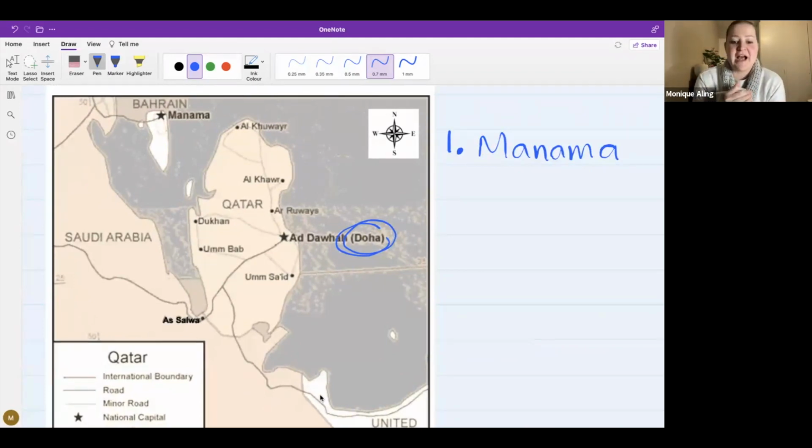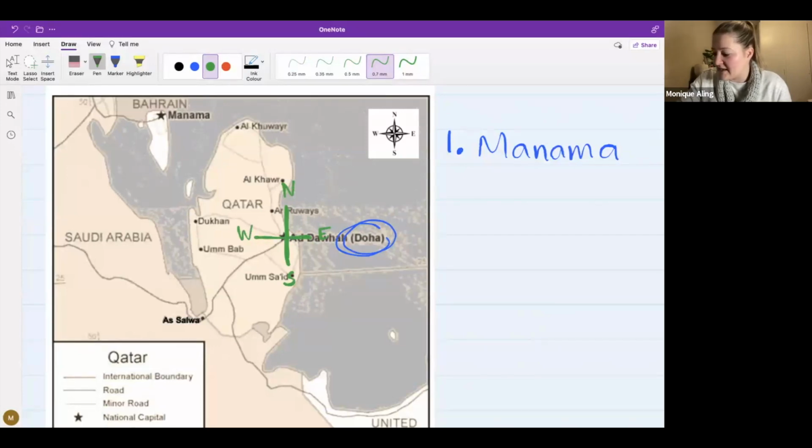Which area or town lies southwest of Doha? Okay, so it's also important to look at the dots of the places. Okay, so when in doubt, we're going to draw our compass on top of the point of Doha. So north, east, south, west.